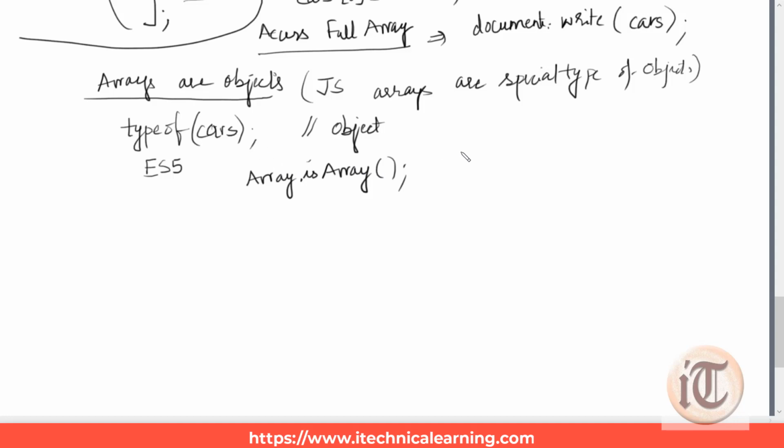So if I want to check whether my cars is an array or not, I'll write Array.isArray, and then I'll write my array name, and if it returns true, then this object cars actually has the properties of an array.